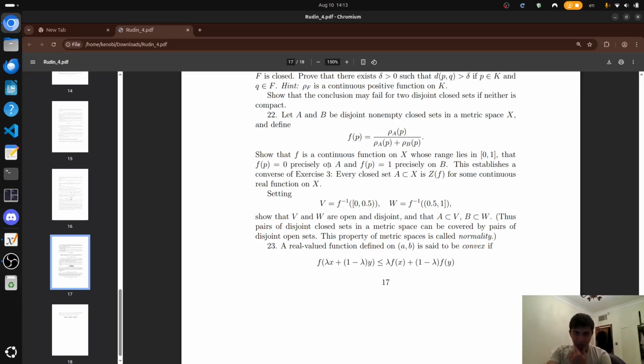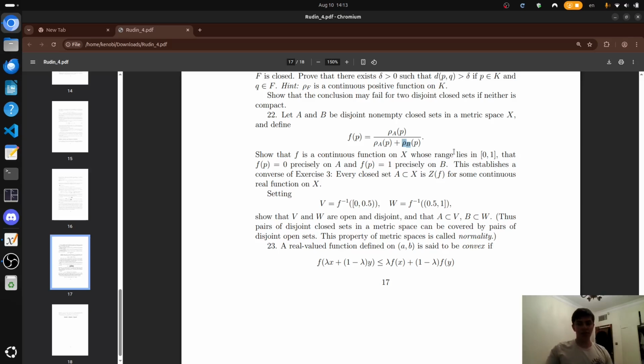And f of p equals 0 precisely on A. Why? Because if it is in A, this becomes 0, and this is some value. So 0 over 0 plus something is 0. So it will give you 0.